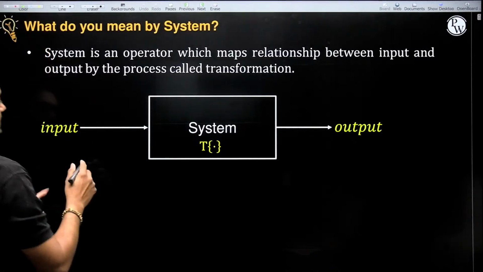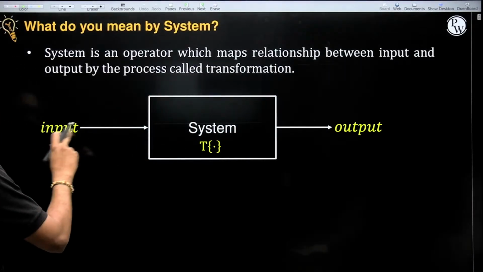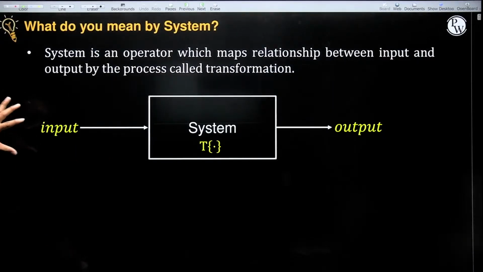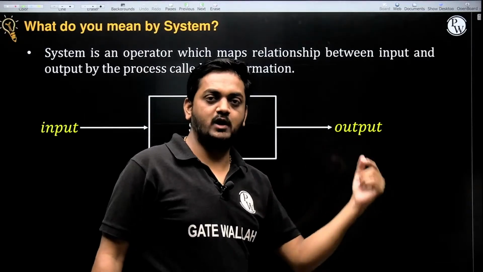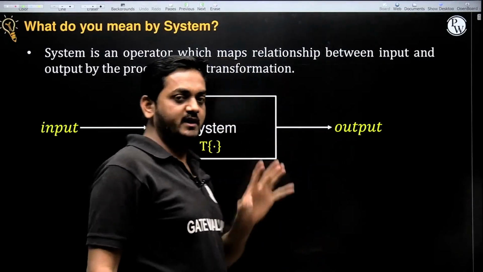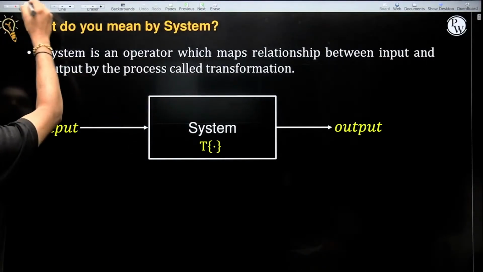Let us consider this black box represents the system, and in a system we can give single input or multiple inputs, and according to the given input it produces different outputs. So multiple input multiple output systems also exist, but here for simplicity we are considering single input single output.